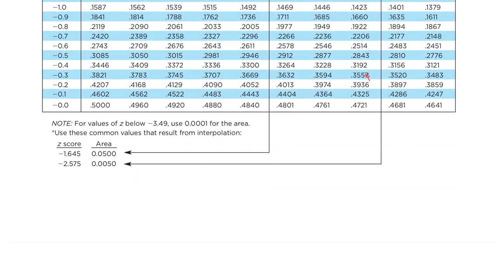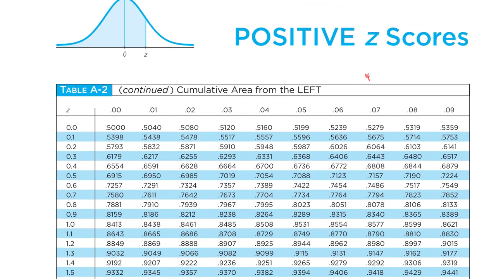What about a positive z-score? It is the same thing. If we want to find the area on the left-hand side of a z-score, that is 1.96 for example, we would do the same thing. First, we locate 1.9, which is in the first column.